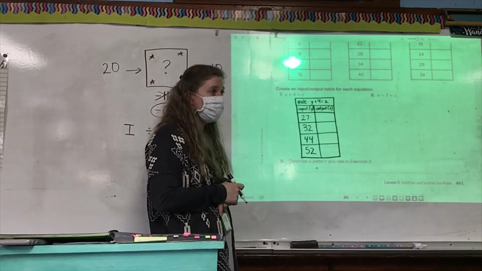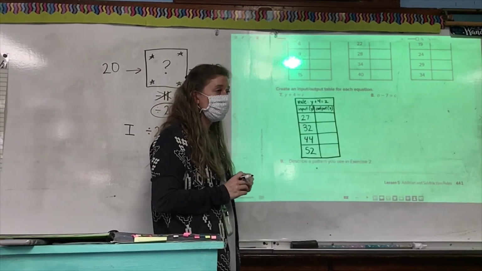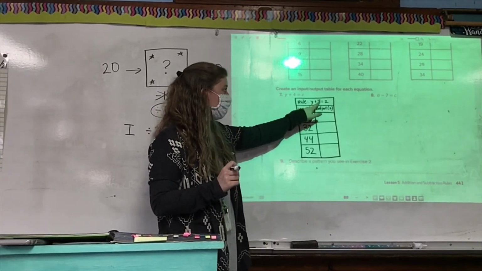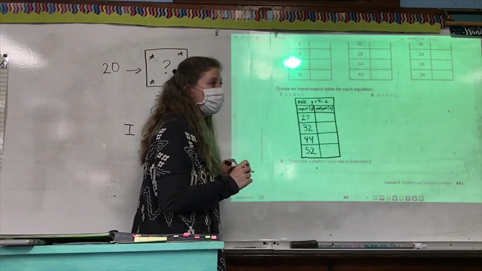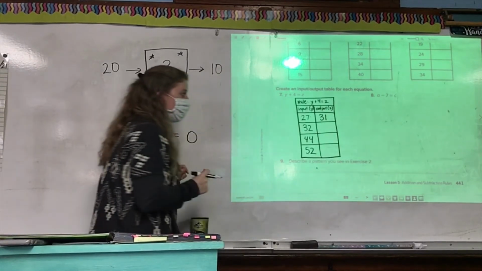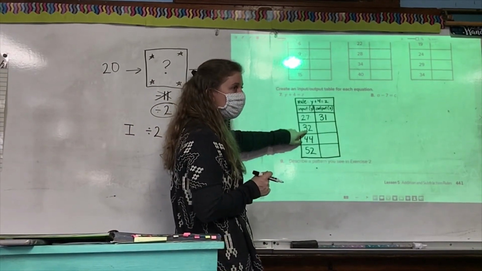Okay, Aaron, now we have to find the output. Well, our first input is 27. What's the rule? We're adding 4. So 27 plus 4 equals 31. Next, Aaron, what are we doing to the input? 32? We're adding 4.